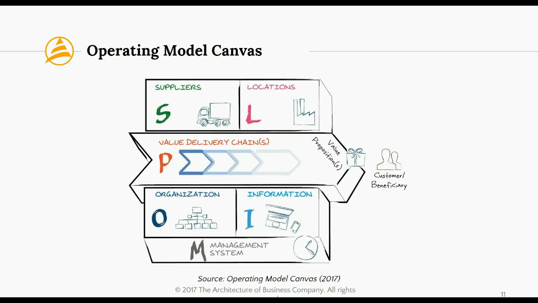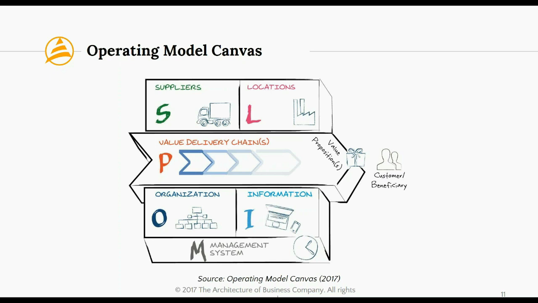At the very bottom, you also see the management system. The management system defines the common plan and calendars to set targets, make decisions, drive improvement, and manage performance. It would also define shared objectives and KPIs based on value delivery chain requirements and the organization model.